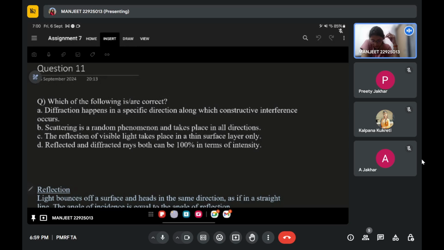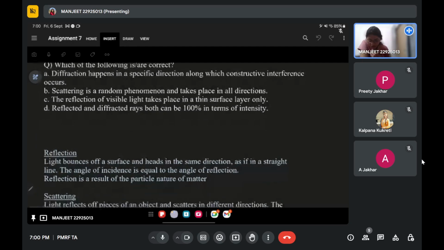D: The reflected and the diffracted rays both can be 100% in terms of intensity. So what is diffraction, scattering? We will discuss this one by one, and then come back to the discussion.